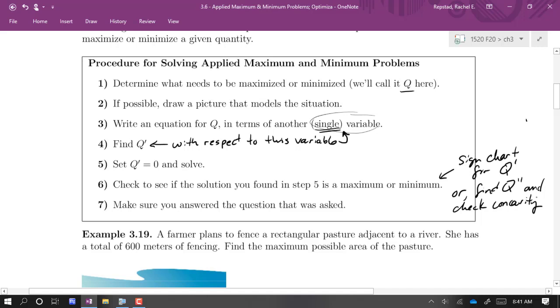And then make sure that you answer the question that was asked. Sometimes they ask, what is the value of the variable that will give a maximum or minimum? Sometimes they ask, what is the actual maximum or minimum value of that quantity? So sometimes there could be an extra step where you just evaluate your function.